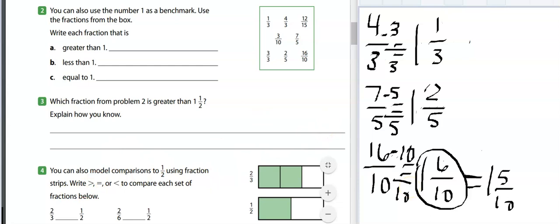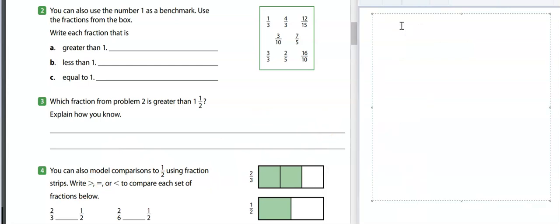Now let's write this down, how we know, in complete sentences. So we're going to write, I know that 16 over 10 is greater than 1 1/2, because I know that 10 over 10 equals 1, and 16 over 10 is 10 over 10 plus 6 over 10, or 1 6/10.